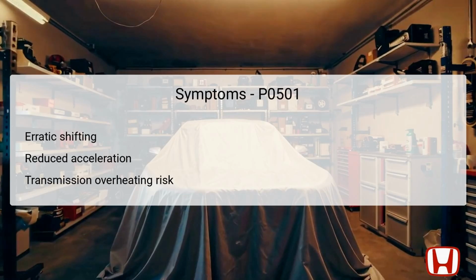If the TCM is receiving incorrect or inconsistent speed data, it may limit power to the transmission to avoid further complications. Additionally, the failure of the CVT speed sensor could lead to an increased risk of transmission overheating, as the system might not properly adjust to operational conditions.